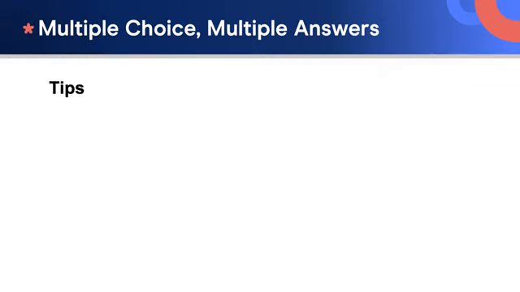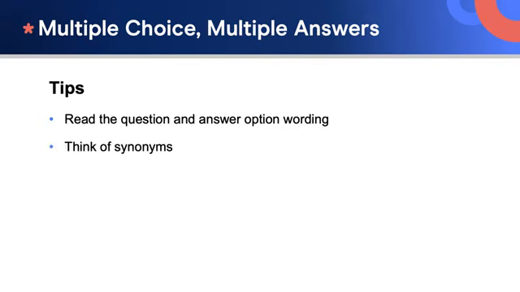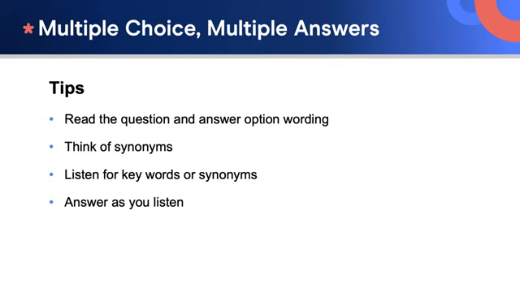My top tips for answering these questions are to read the question and answer option wording carefully. You should also think of synonyms for the key words, meaning words that have the same or similar meaning with each other. So you need to listen for key words or synonyms to help you identify the relevant information quickly. Next, be sure to answer as you listen.